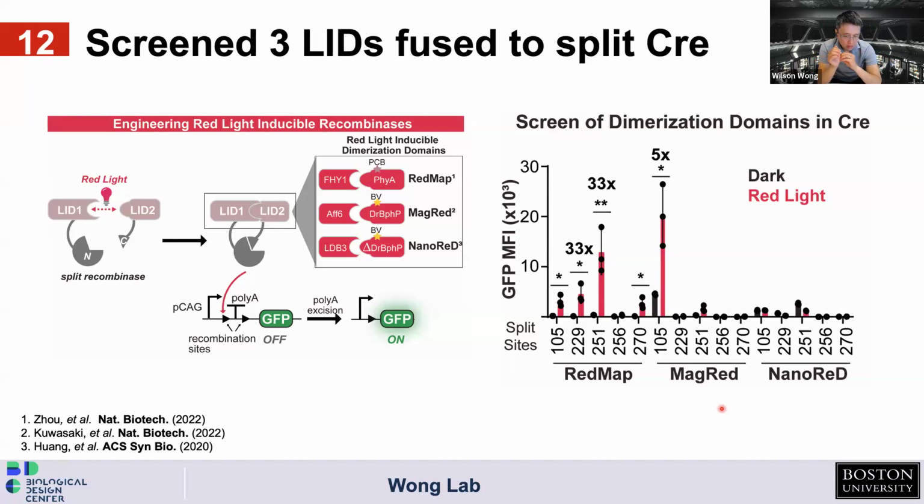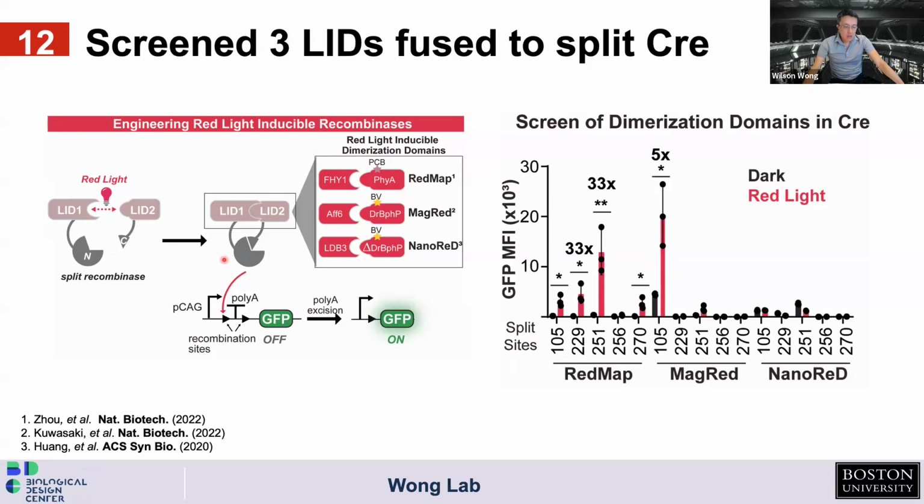There's really only one blue light system available for recombinases. There are some red systems available, and so first we started playing with them to see if we can get them to work in our hands.